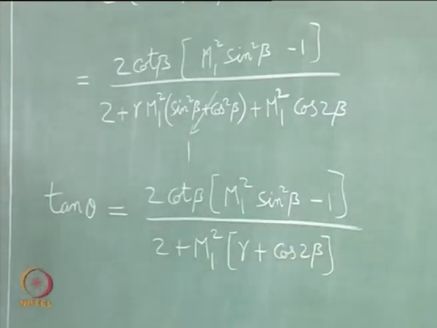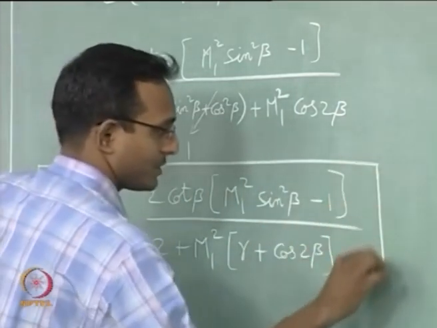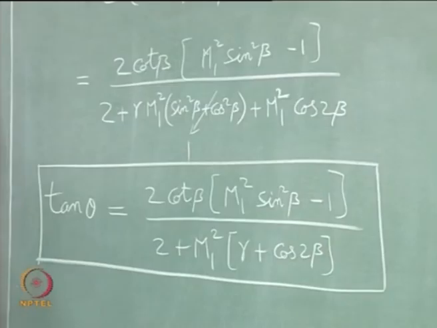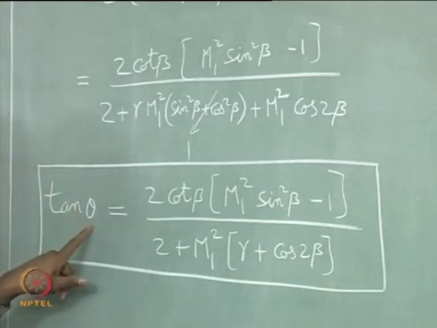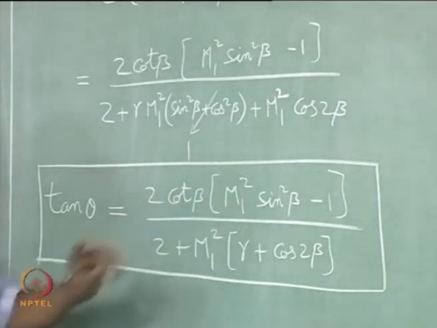This is the expression I have, okay, and very essential expression for oblique shock problems calculations. Okay. Very important. This is what is linking the deflection angle, shock angle, and the incoming Mach number. They are related by this expression.